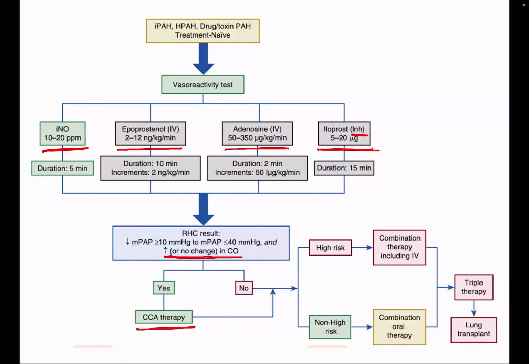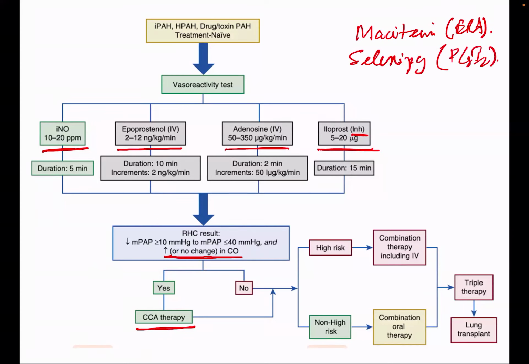Triple therapy mostly has macitentan, which is an endothelin receptor antagonist, Selexipag, which is a PGI2 analog, and, I'm forgetting another one, sorry, Riociguat.